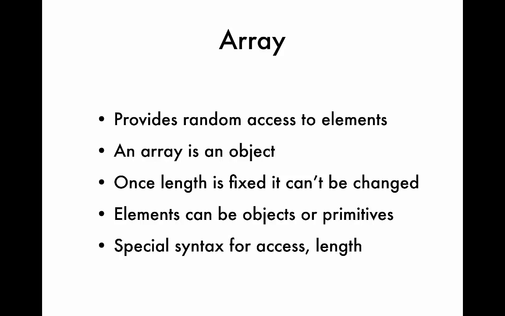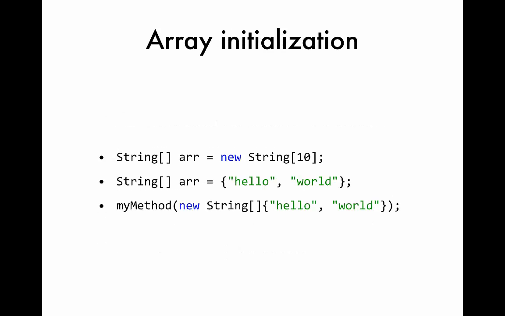Arrays have special syntax for accessing their elements. You access array elements with the bracket notation. They also have special syntax for accessing their length. Let's look at some of the ways that arrays can be declared and initialized. The typical way to initialize an array is like it's done in the first bullet here.